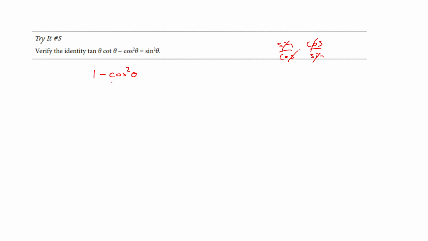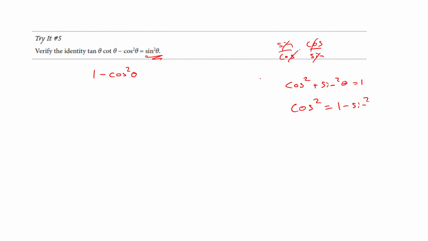There's nothing left to do from an algebra perspective, so I need a substitution. Okay, well, how about this one? We know that cosine squared plus sine squared equals 1 from the Pythagorean identity, so cosine squared must be 1 minus sine squared. We've seen that before. So because I'm trying to get down to sine squared, I'm thinking about this.